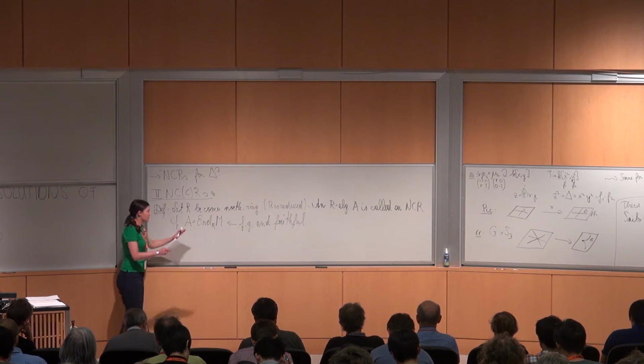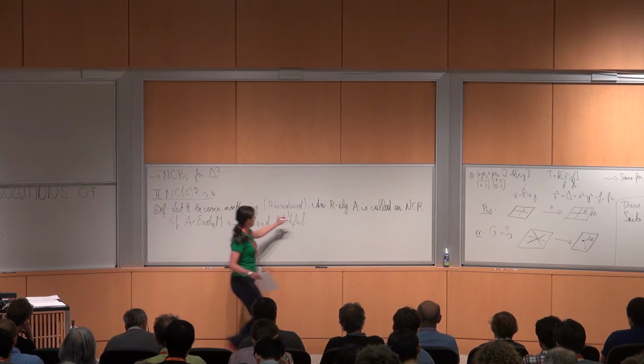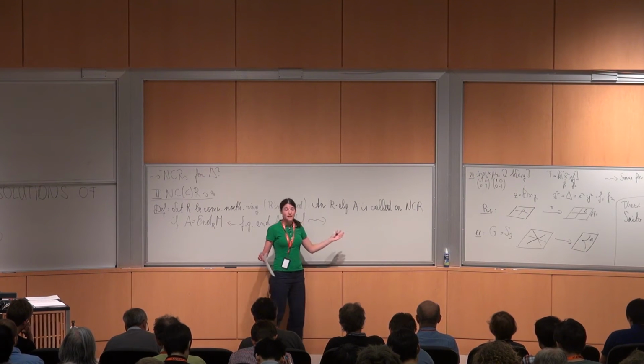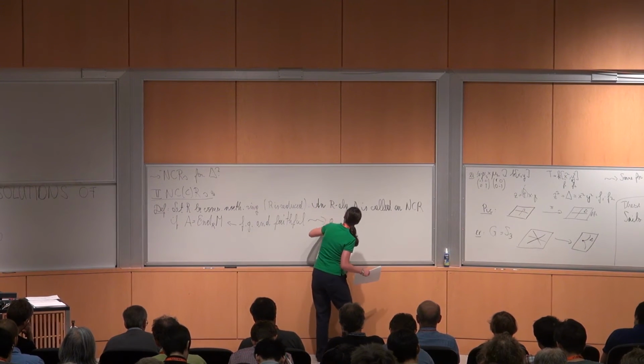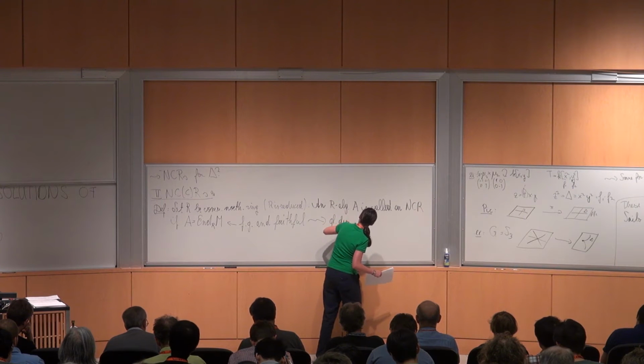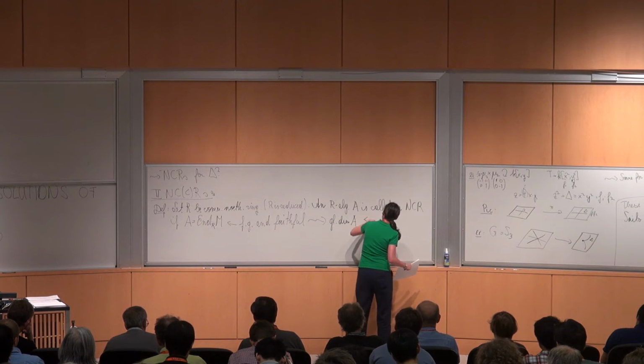And okay, these are the conditions, but what is the main thing is, we want to have that the global dimension of this A is finite.